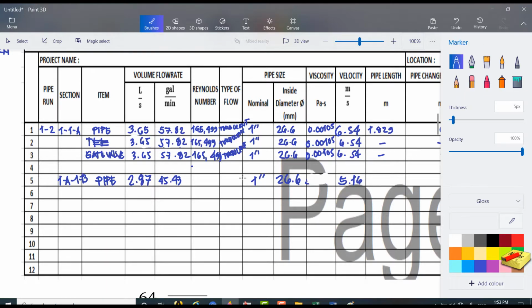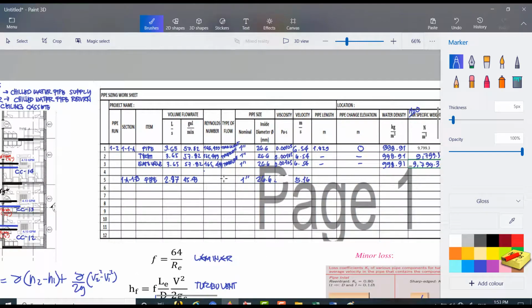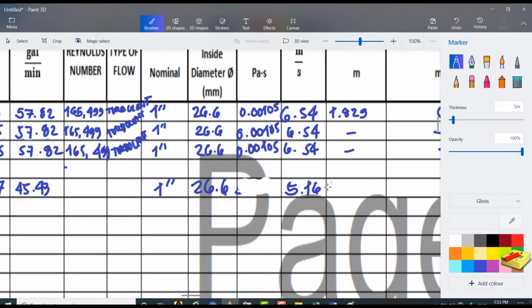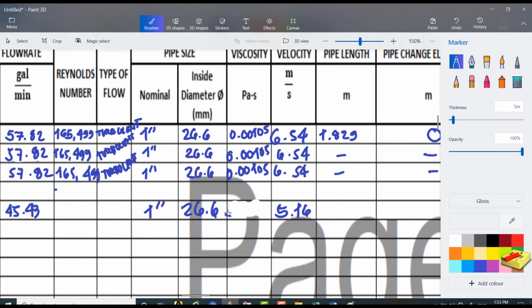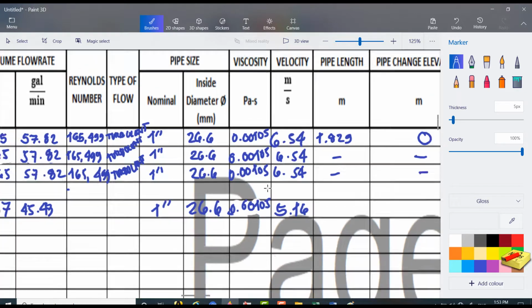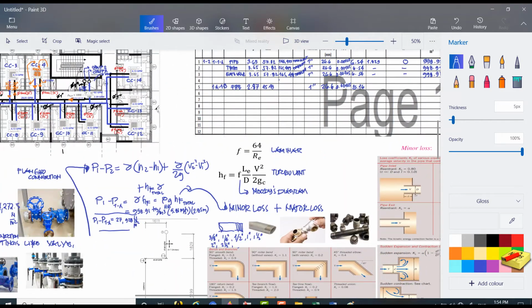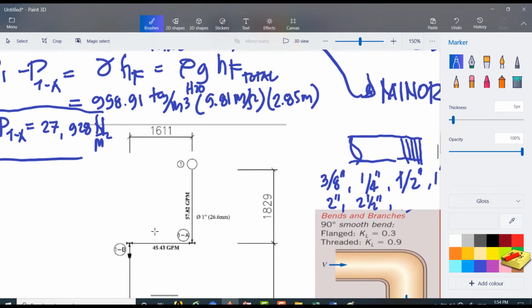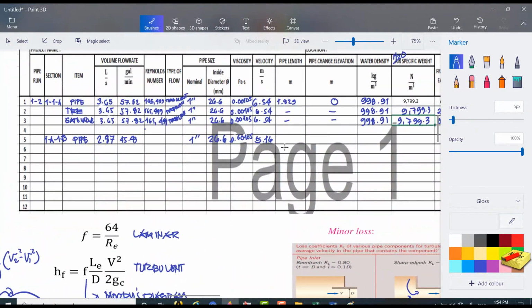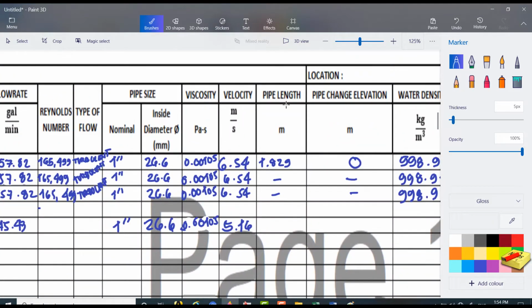Then the Reynolds number is what we are lacking. Also the viscosity at the same temperature is also the same, 0.00105. And the pipe length is 1.61 meters.